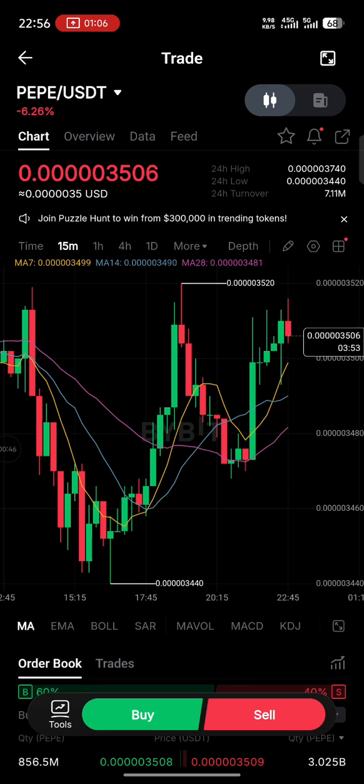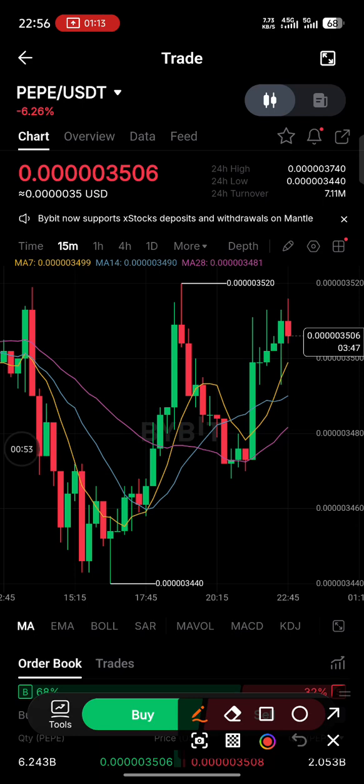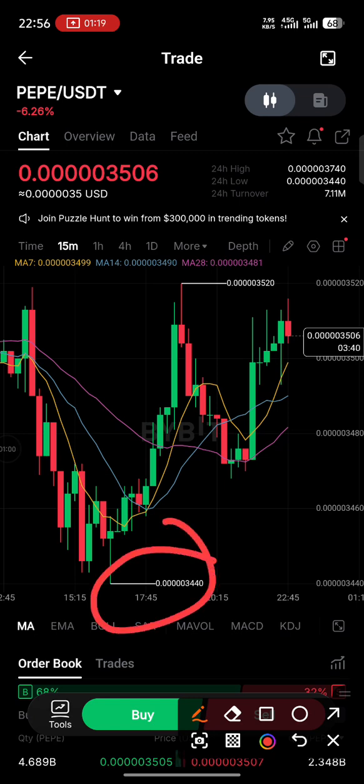So I have actually made a choice of a particular cryptocurrency coin, which is the PEP coin. So I'll be looking through this PEP coin. So now let's say a couple of minutes ago, this particular PEP coin dropped to 0.503440.